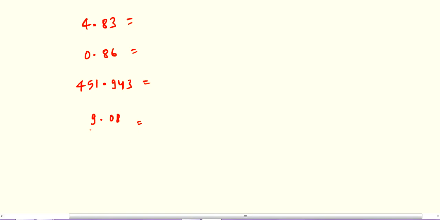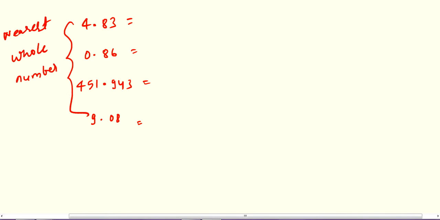Now we have to round off these to the nearest whole number. So in this question we have to round off these decimal numbers to the nearest whole number.